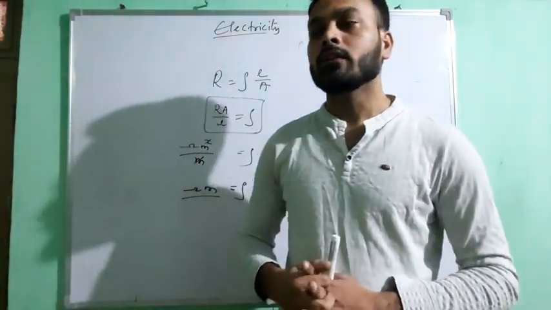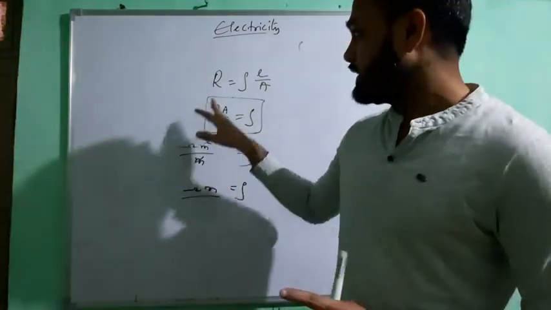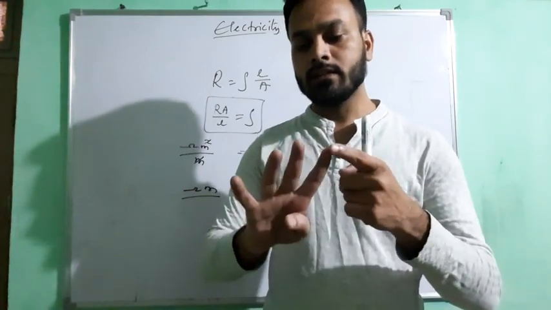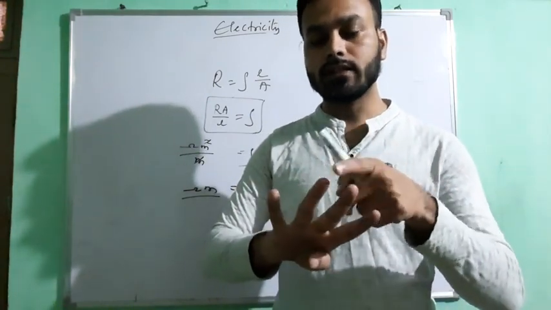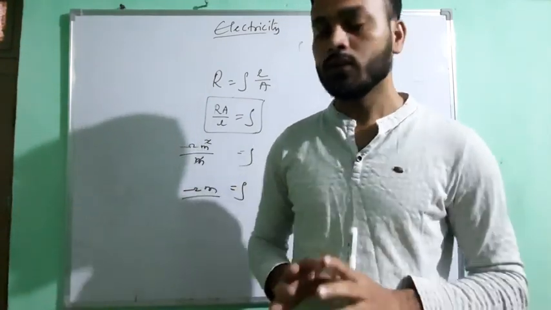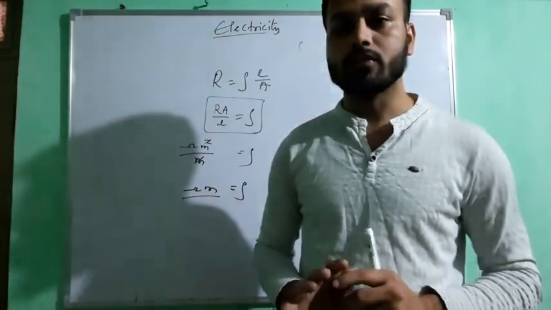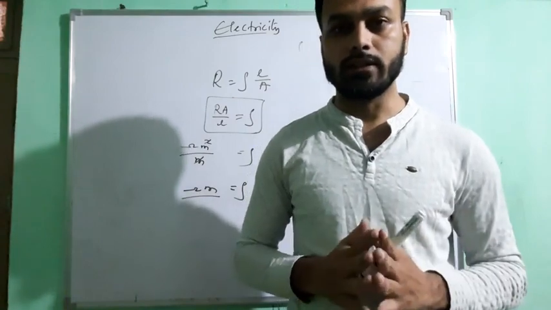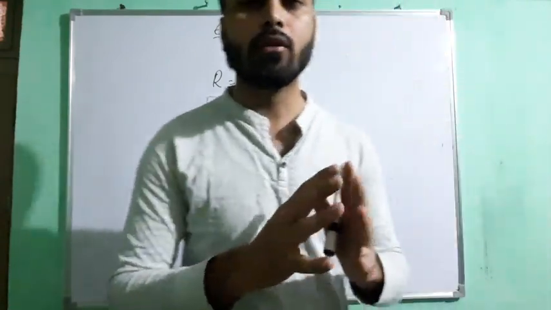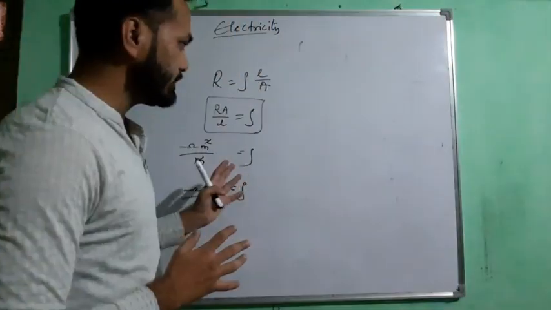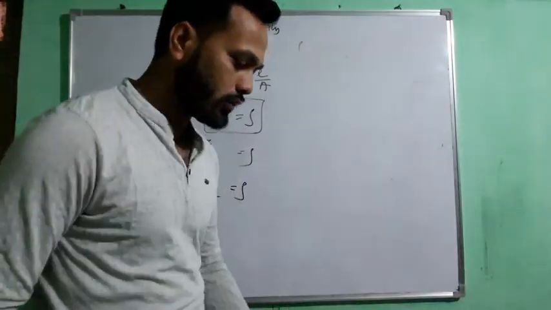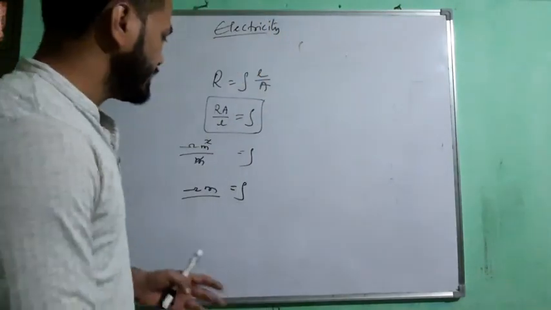And resistance depends on the four factors which I have told you: length, area of cross section, temperature and nature of material, whereas resistivity depends only on temperature and nature of material. So only two factors. This is how we have created the differences between resistance and resistivity. After knowing about resistivity, let's move ahead now.